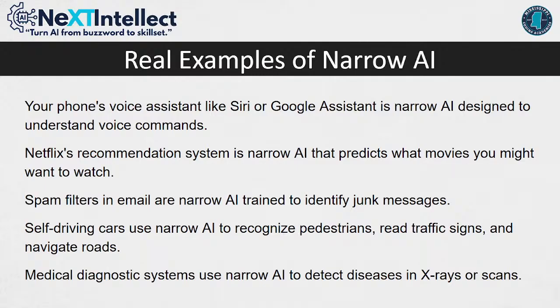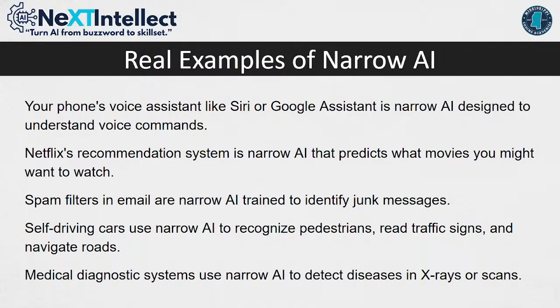Your phone's voice assistant, like Siri or Google Assistant, is narrow AI designed to understand voice commands. Netflix recommendation system, that's narrow AI, its specific task is to predict what movies and TV shows you might want to watch. Spam filters in email are narrow AI trained to identify junk messages.